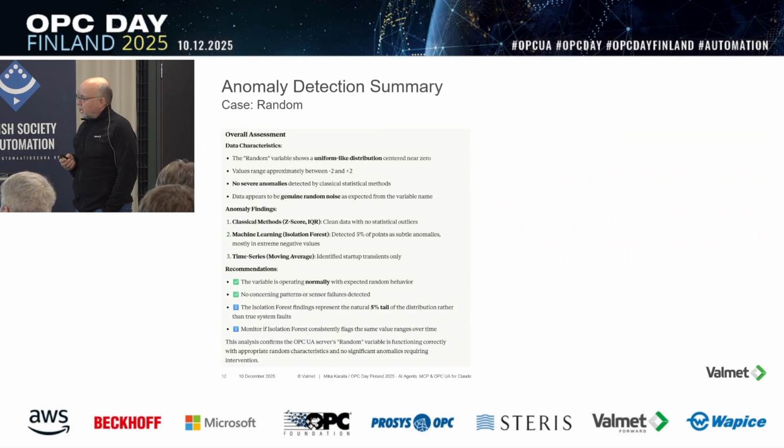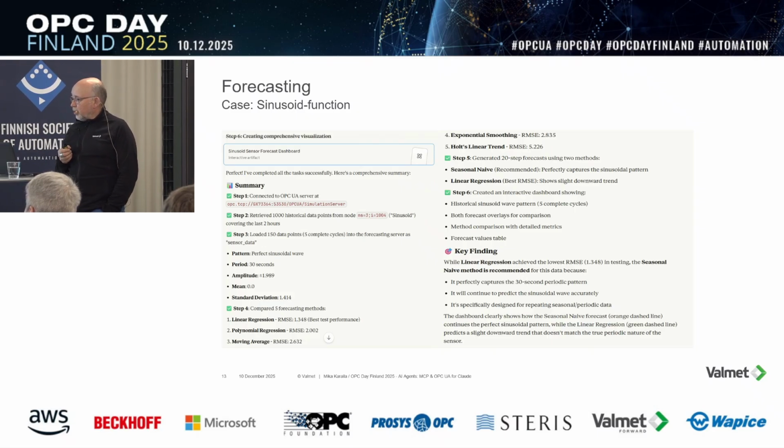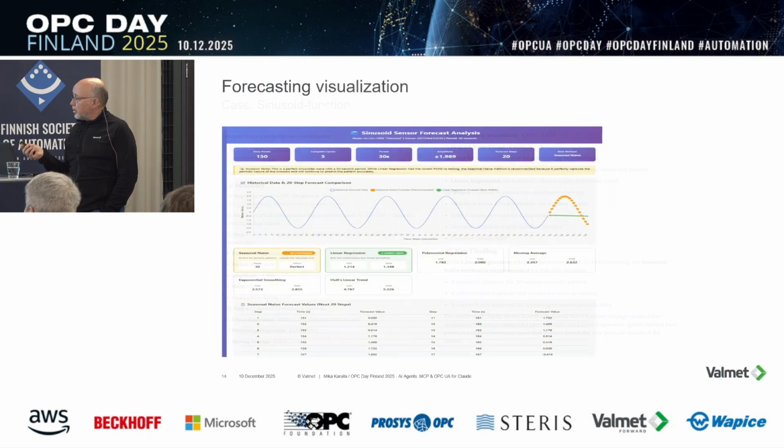And so this was not enough. So I started to play also with the historical data, the forecasting, the sinusoid function, and it actually finds quite nicely the different features and also the periodic data. So it was also good to visualize it.